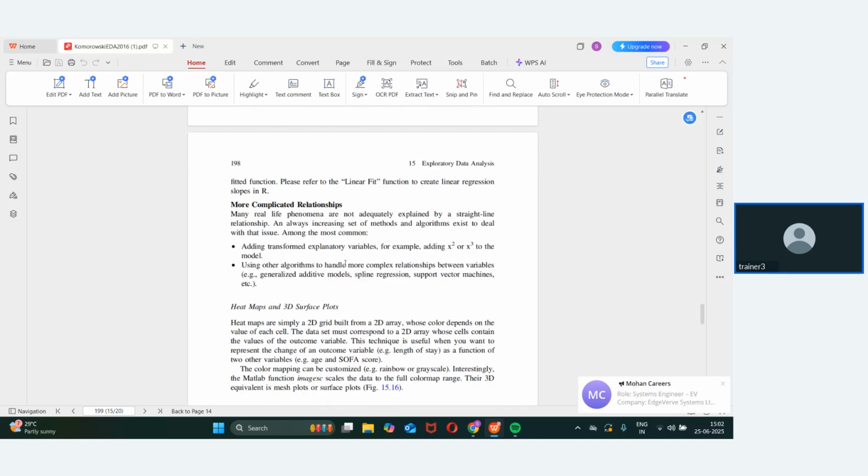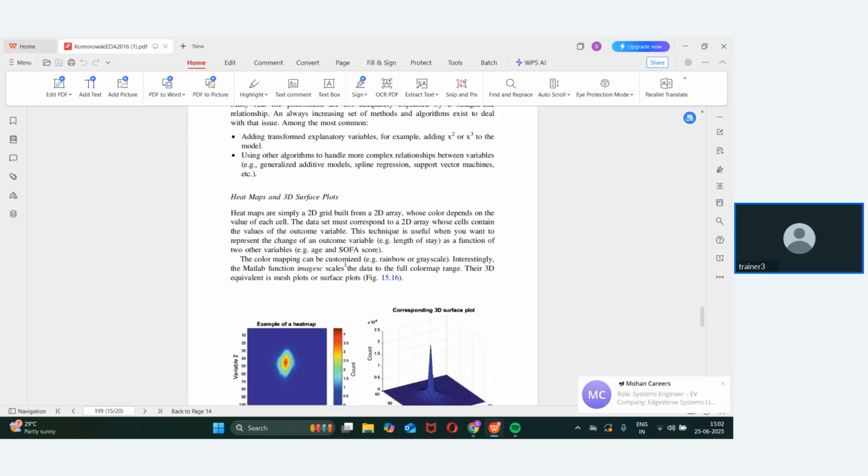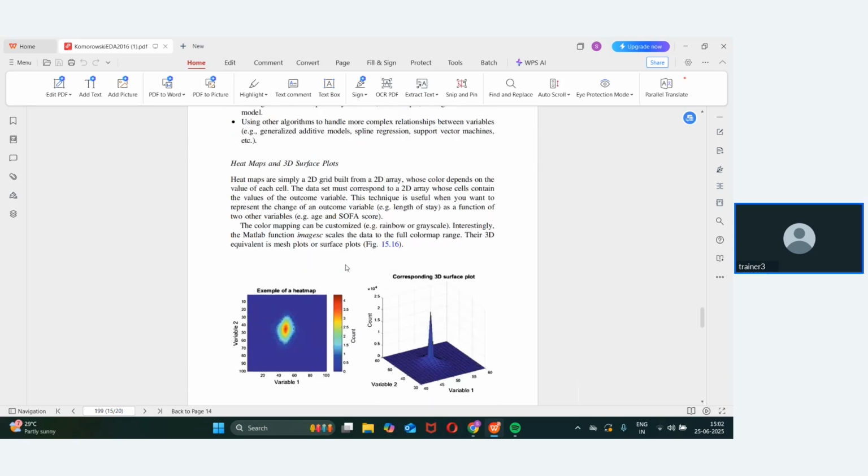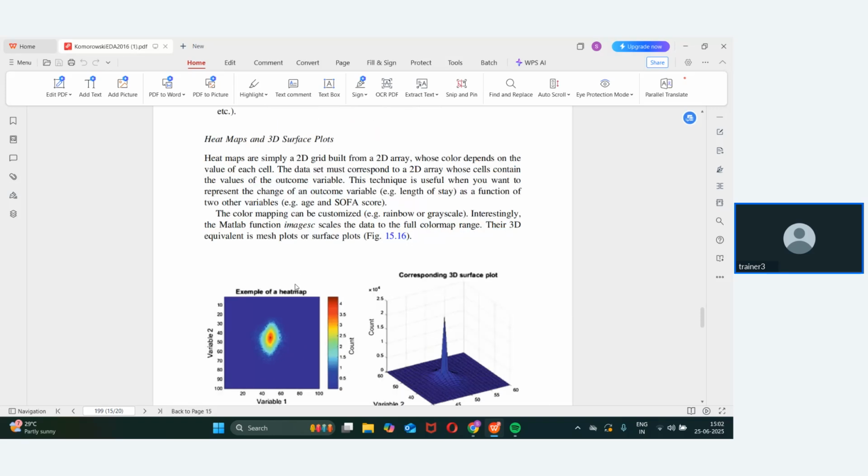So the next technique is heat maps and 3D surface plots. These are again 2D array built grids. According to the color, we identify the intensity, and color depends on values typically.